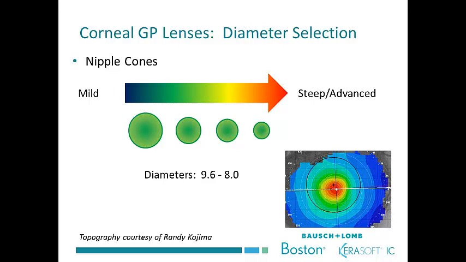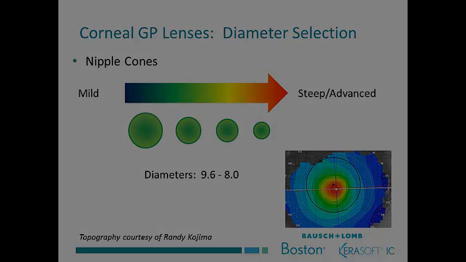So you want to basically center your optic zone around the cone itself, and then align the mid-peripheral cornea and the peripheral cornea as best you can with your diameter.